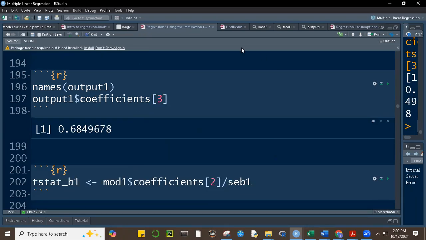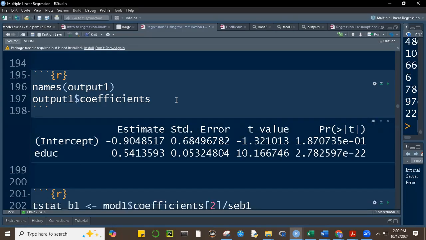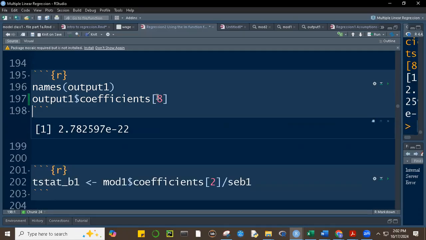0.68497. No? Okay. So what's that, class? Third siya, no? So parang nina-number niya 1, 2, 3, 4, 5, 6, 7, 8. If I put here 8, what's that? This one.